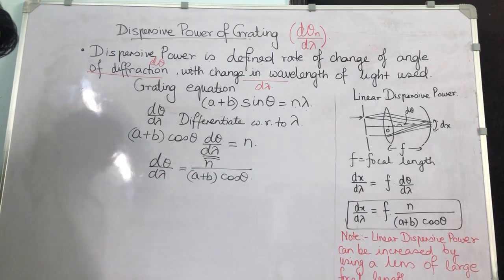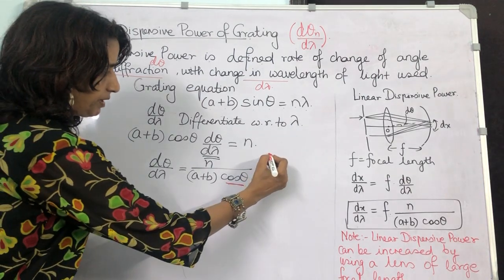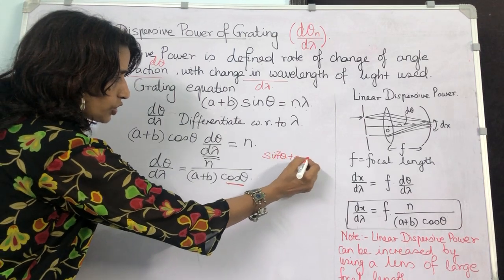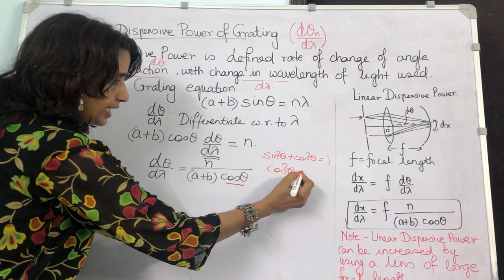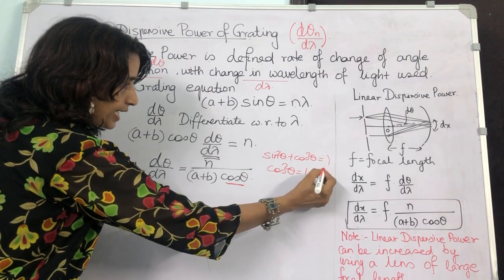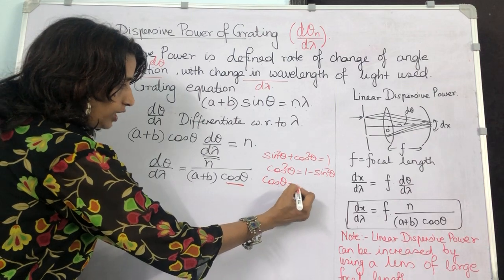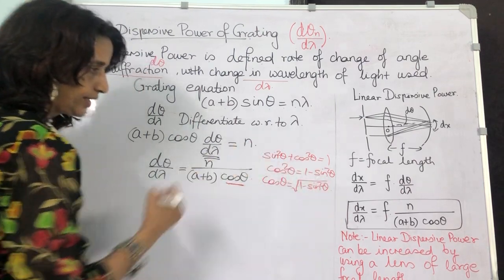Now we can simplify a bit more with the help of cos theta. We know that sine square theta plus cos square theta is equal to 1. So cos square theta is equal to 1 minus sine square theta, and cos theta is equal to under root 1 minus sine square theta, right?